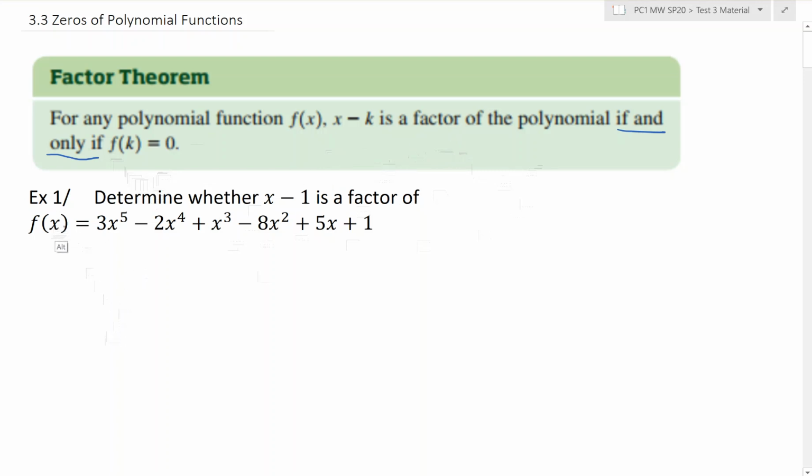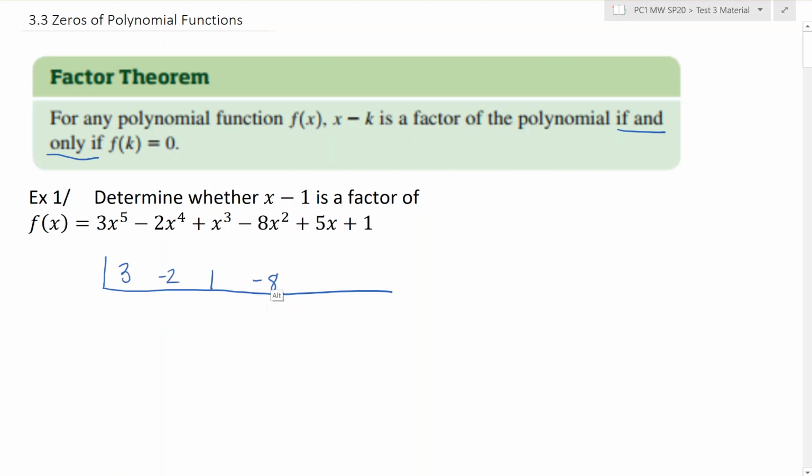So with our first example to show this, I want to see if x minus 1 is a factor of this. I can do long division if I want, but since this is a plain x minus 1, I'm going to go ahead and do synthetic division. So set up the synthetic division table here.